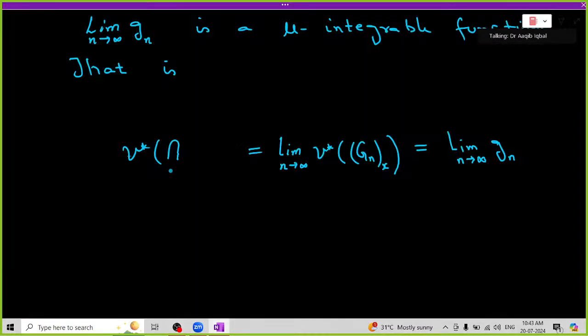So n runs from 1 to infinity, gn, इसका x सेक्शन और फिर उस पे न्यू स्टार. ठीक है. हाँ एक्चुअली ये पहले ऐसे आता है ना, पहले स्टेप में ये आता है, it would have been the intersection of the x sections, but intersection of x sections is same as x section of the intersection. मैं यहाँ दो steps को club करके ही लिख रहा हूँ.